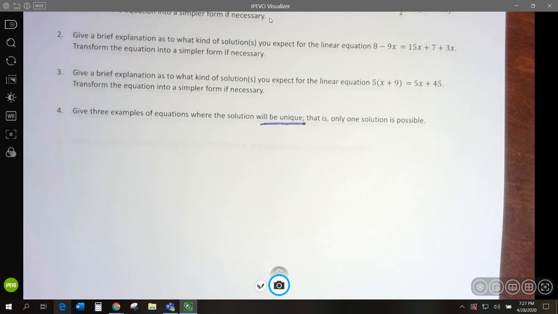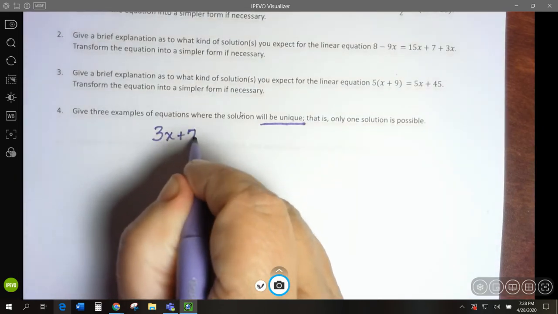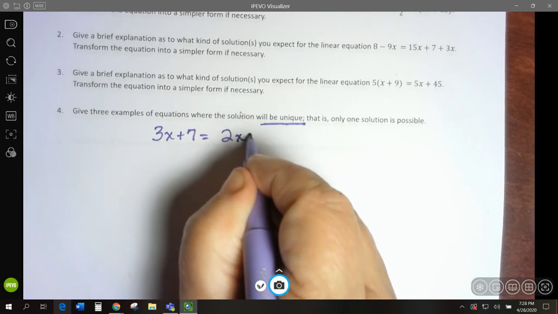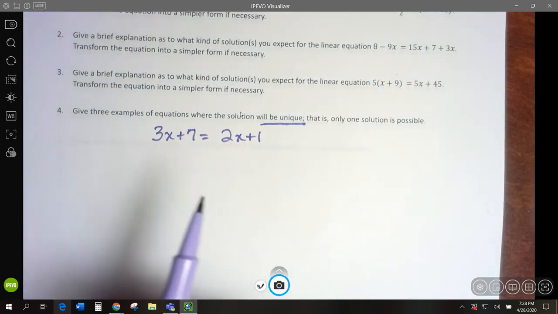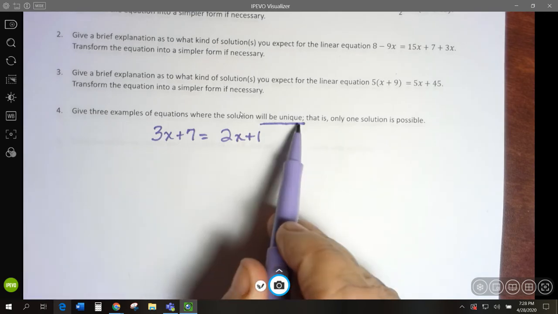We know for it to be a unique solution, we have to have a different number of variables on each side. So I could have 3x plus 7 equals 2x plus 1. Different number of variables on each side, therefore we're going to have a unique solution.